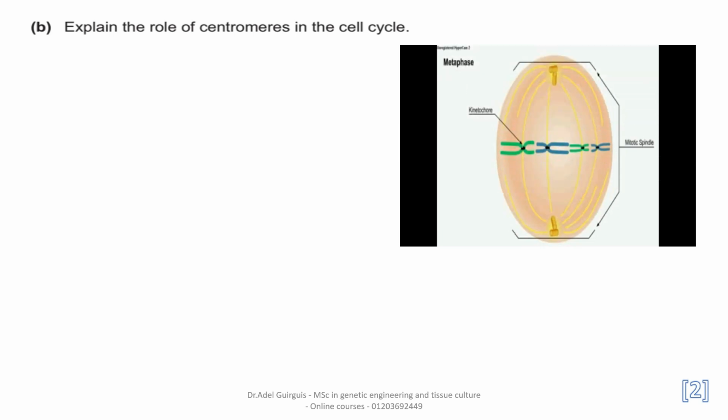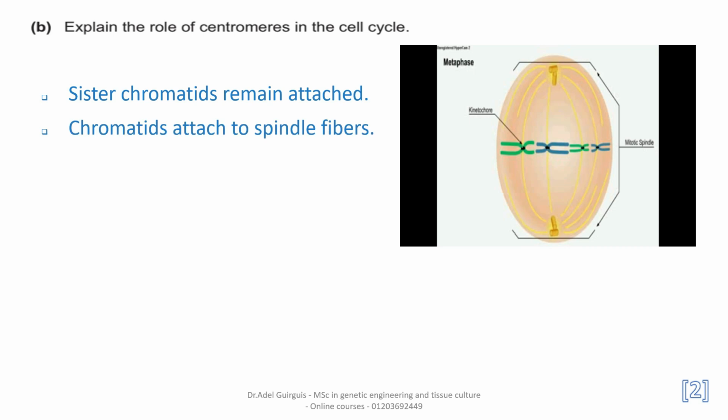Now for P, explain the role of centromeres in the cell cycle. The centromere here joins both sister chromatids together. What is the role? Sister chromatids remain attached by the centromere.